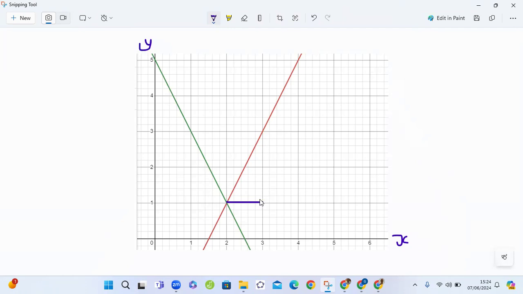So when x increased by 1, we notice that y is increasing by 1, 2. From 1 to 3, that's 2 units. So the gradient of this red line is 2, because when x increases by 1, y is increasing by 2.